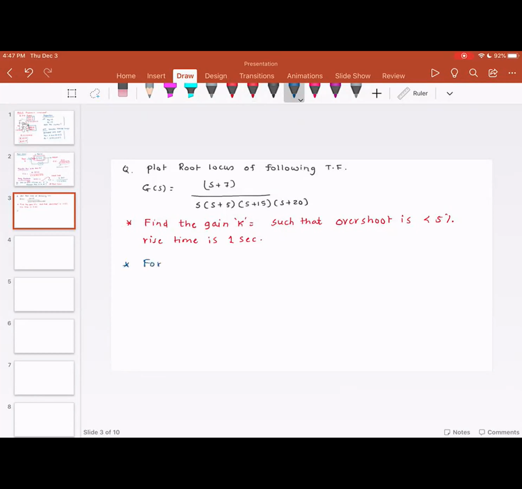So for overshoot to be less than 5%, the damping ratio has to be greater than 0.7.